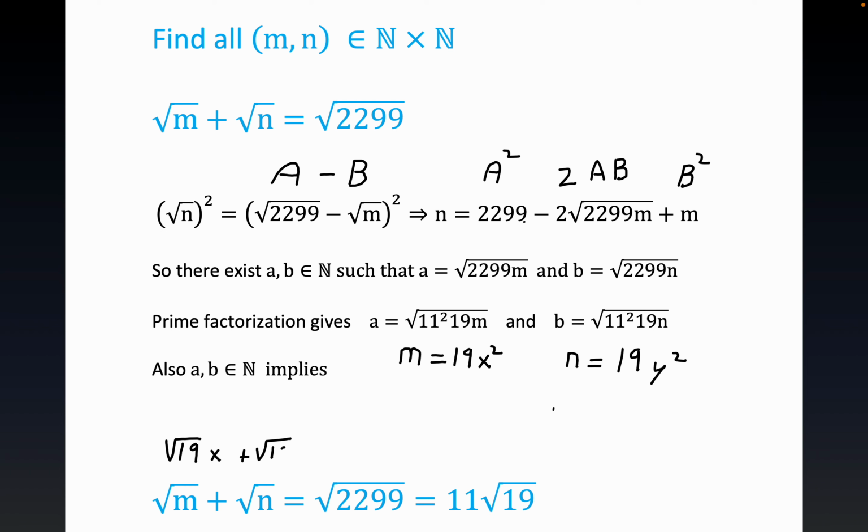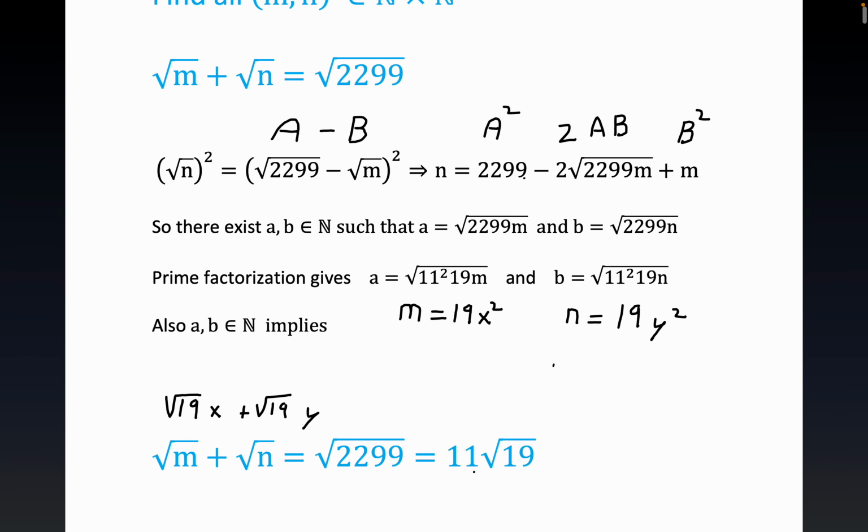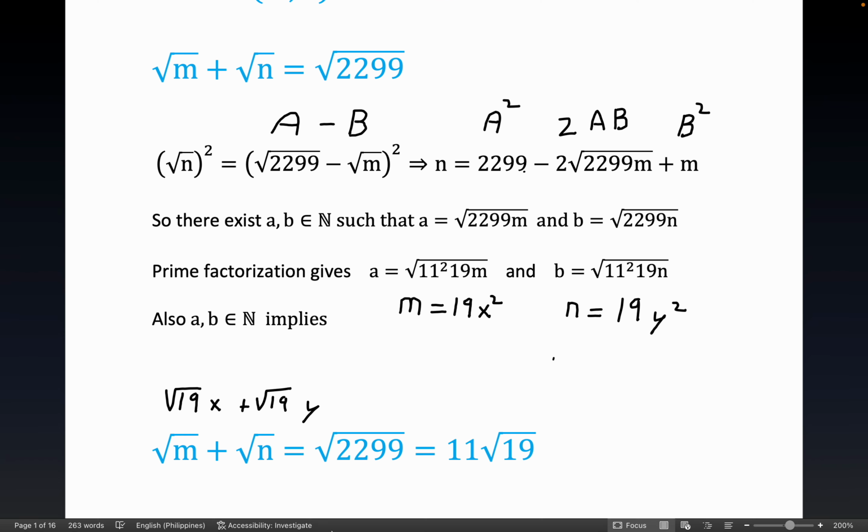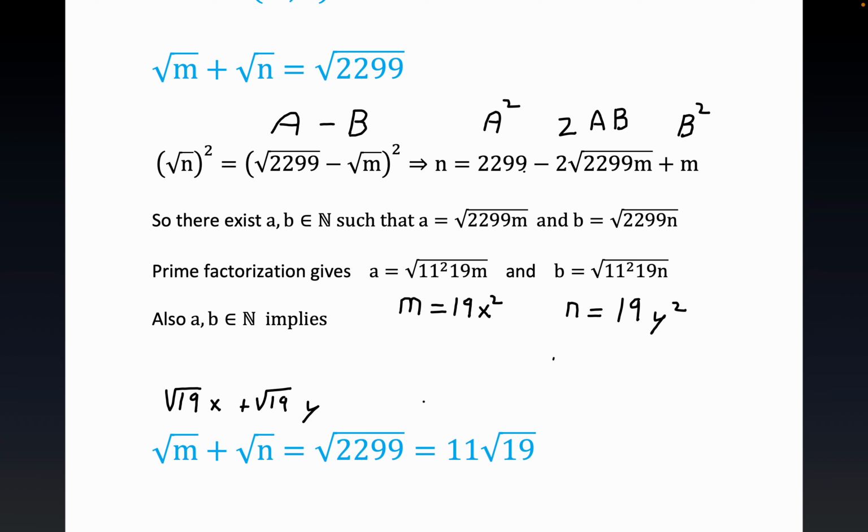Again, remember, x and y are just natural numbers. Okay? But notice that's equal to this. Now, what we can do here, and you guys probably can see the algebra right now, you can factor out the root 19, and I'll just write it down right now because, again, this part right here is equal to 11 root 19. Okay? So the root 19s cancel when you divide, and so what you end up with, this implies that x plus y has to equal 11.